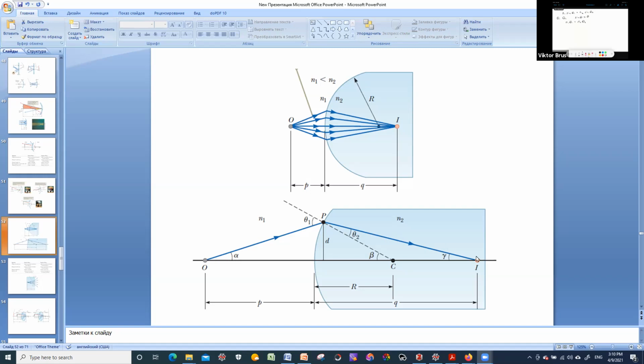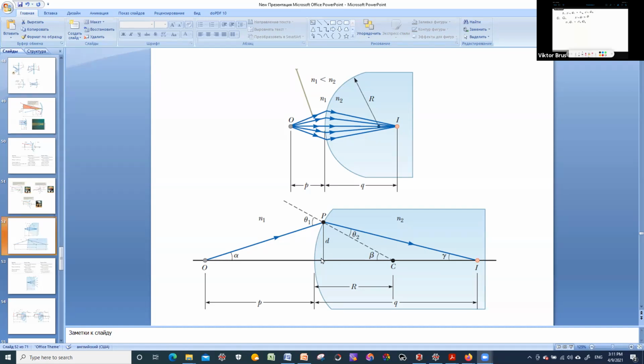Then it is refracted and reaches the point where the image of this object is located. So here we can consider some triangles.